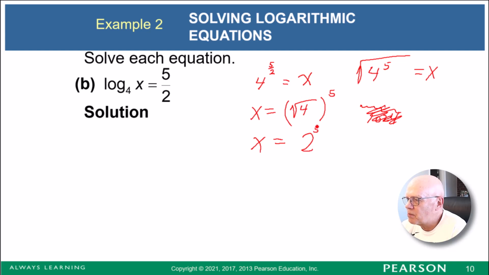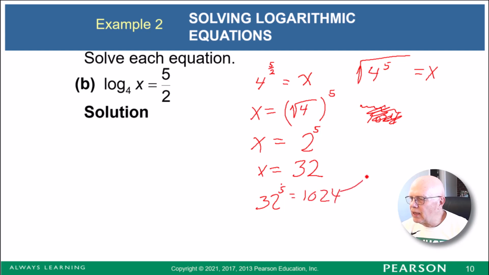Take that to the 5th power, and you can just keep track: 2, 4, 8, 16, 32 is x. And then we can check it. If we want to check it, we can say x, 32, to the 5th power equals 1024, and that's what we had for a while here.